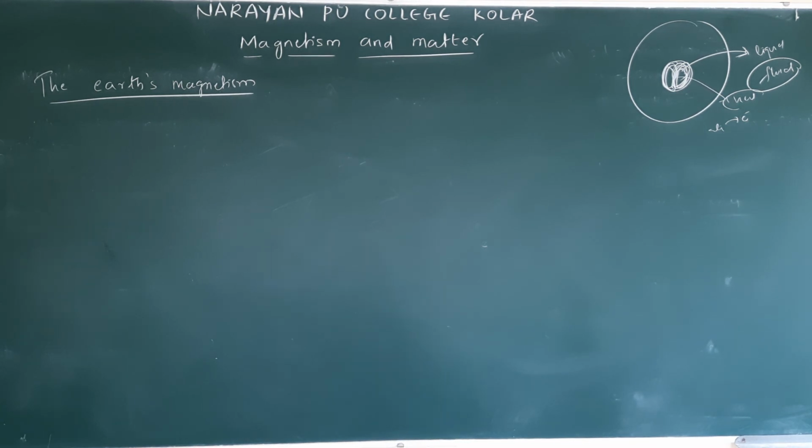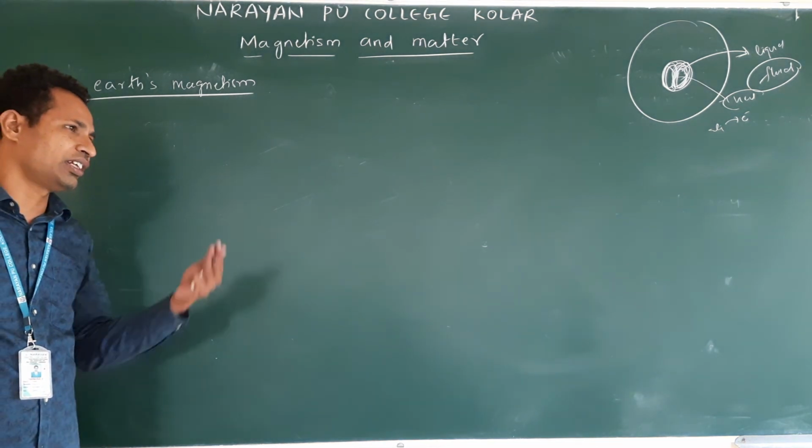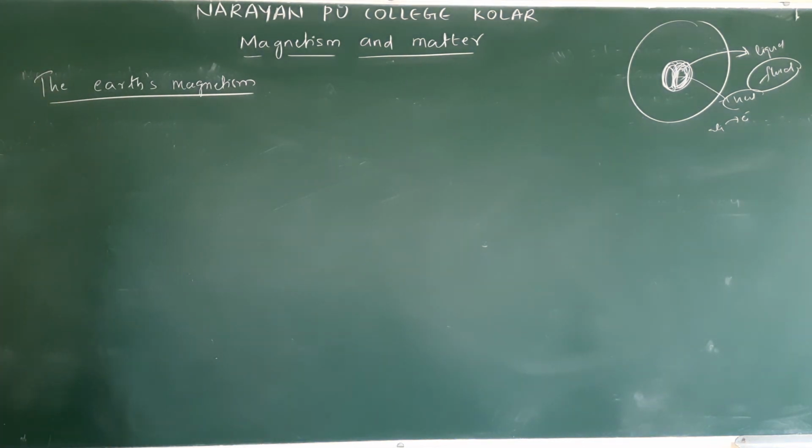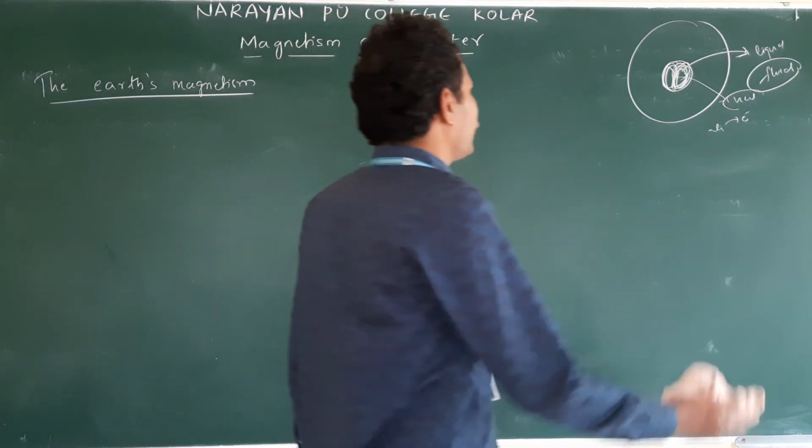To understand Earth's magnetism, we can use three elements. One is magnetic declination, next is dip, and one more is the horizontal component of Earth's magnetic field.